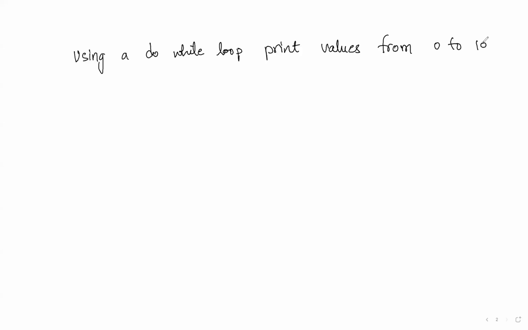Again, when we compare a while loop with a for loop, the difference is that a for loop has an initialization statement.